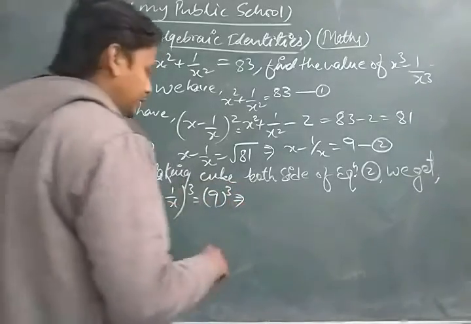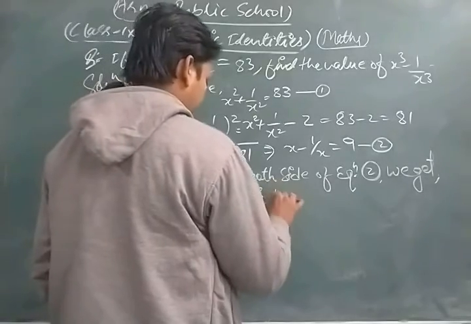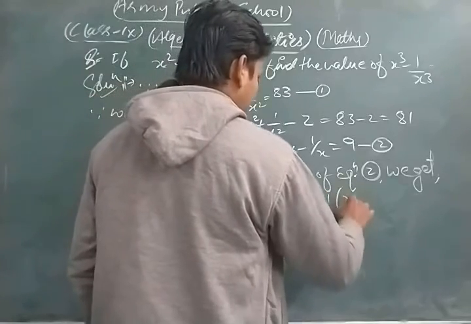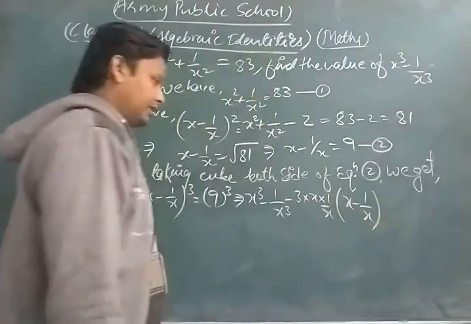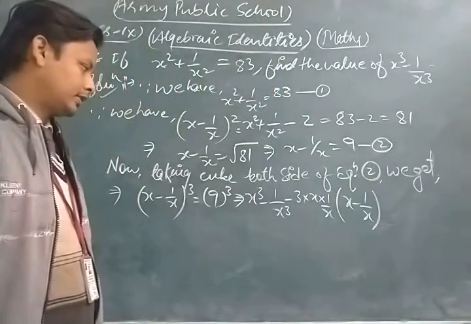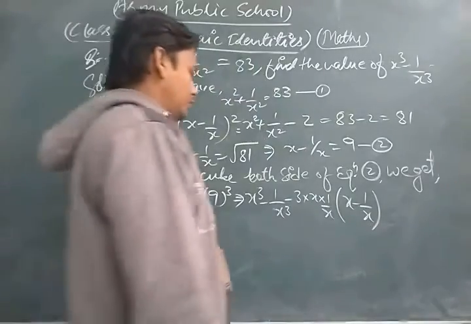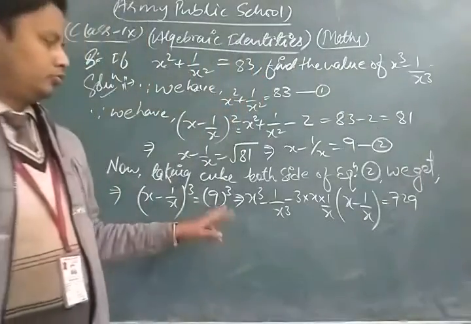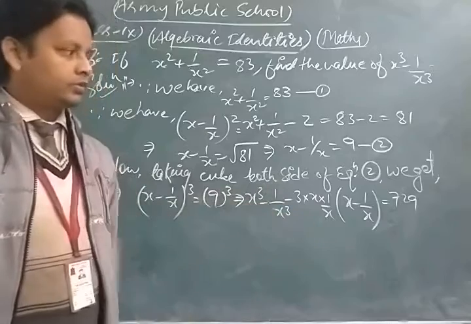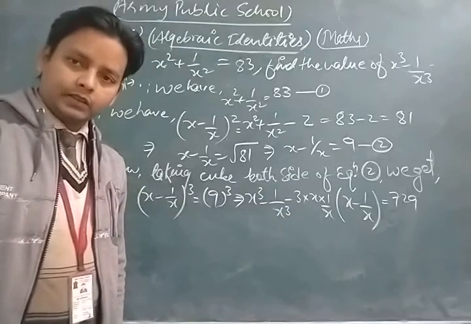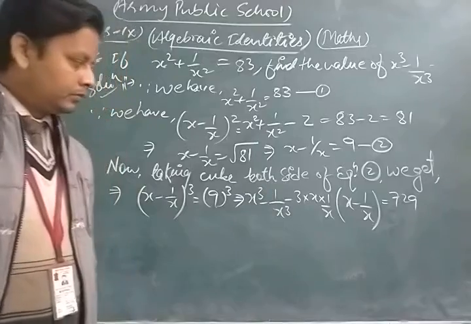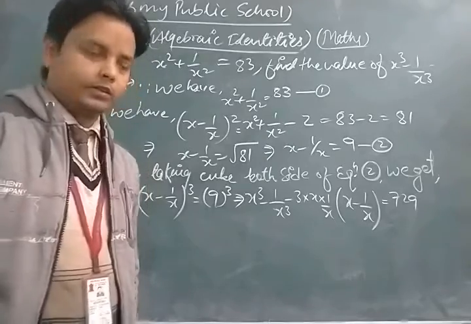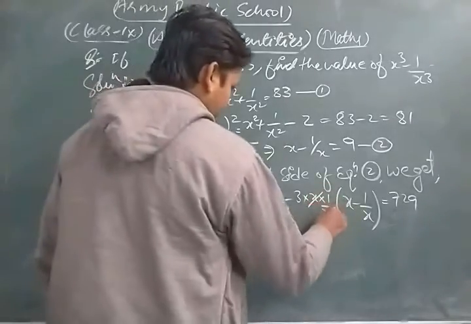Now look, a minus b whole cube is a cube minus b cube minus 3ab in bracket a minus b, and this is equal to 729, because the cube of 9 is 729.